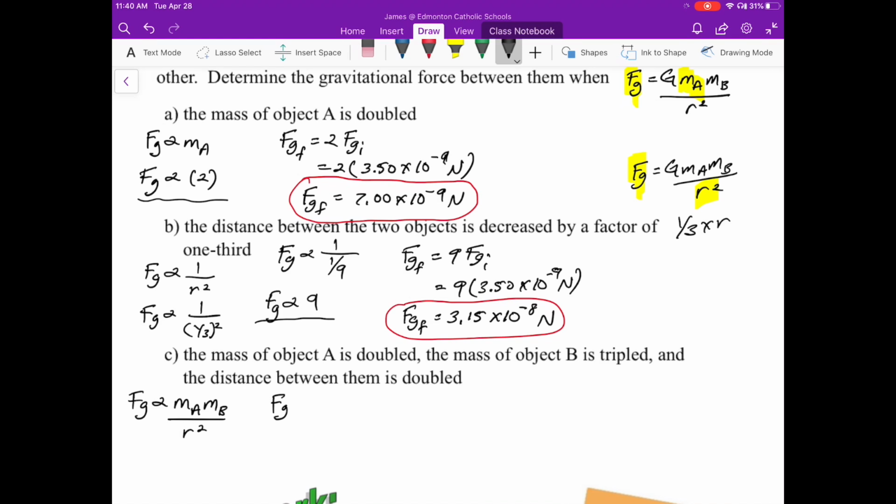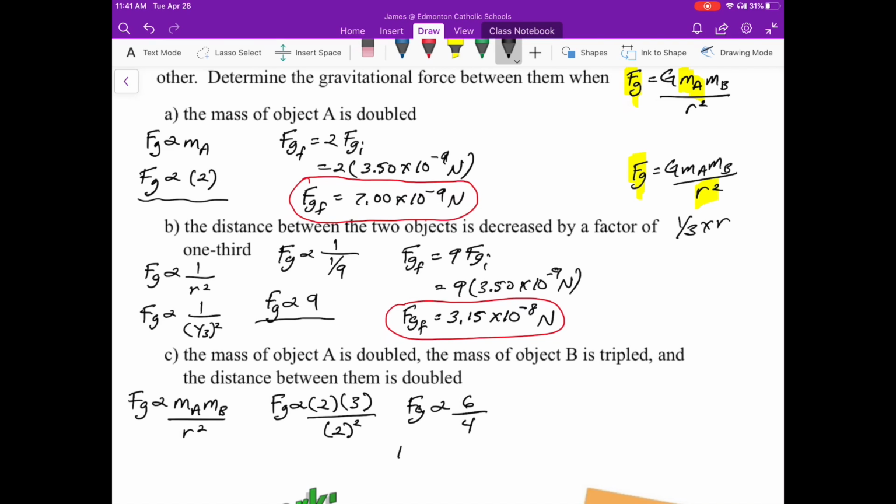So mass of object A is doubled, we put in a factor of 2. Mass of object B is tripled, put in a factor of 3. And the distance between them is doubled, put in 2. So we end up getting 2 times 3 is 6. 2 squared is 4.